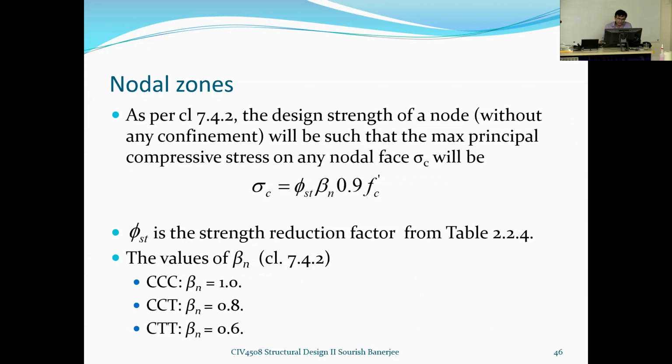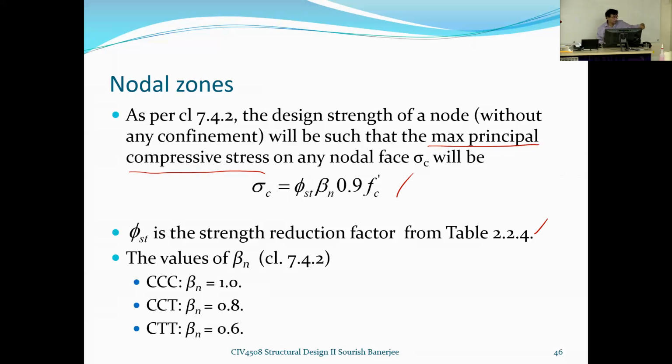Now, how to design the nodal zones? As per clause 7.4.2, the design strength of a node without any confinement will be such that the maximum principal compressive strength, which is a maximum one, on any nodal face sigma c will be given by this, where phi st is the strength reduction factor from table 2.2.4, beta n, this is the thing I was talking about before.